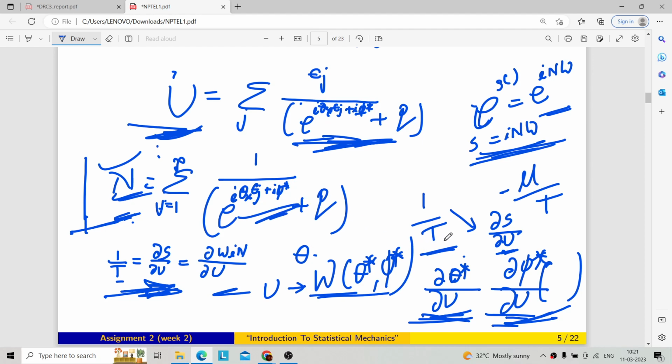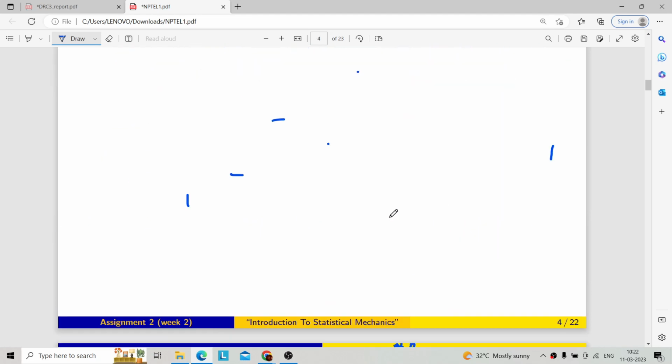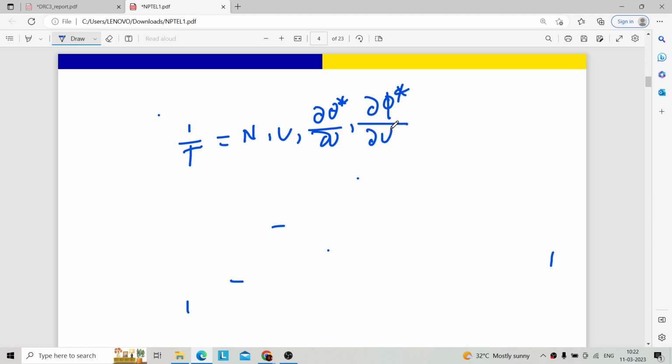Then when you compare this, you can write this as some function of this n, u, del theta star over del u, then del phi star over del u.